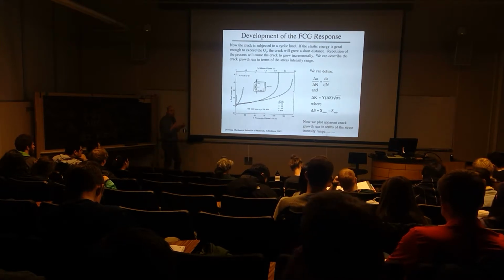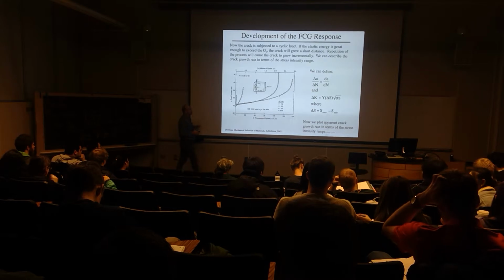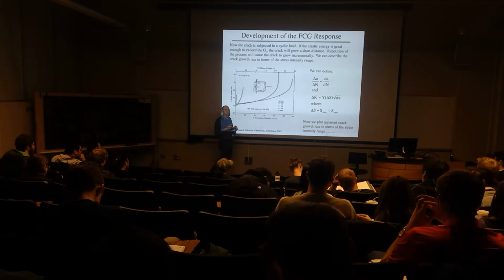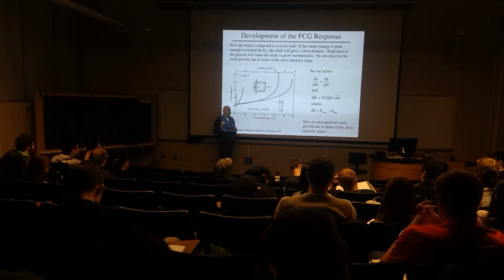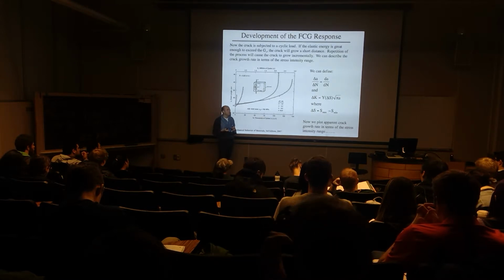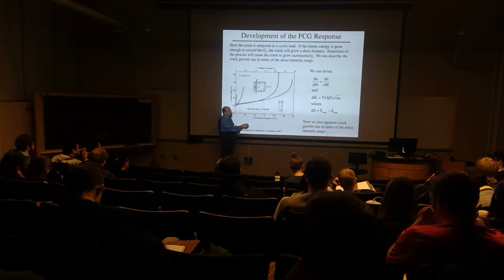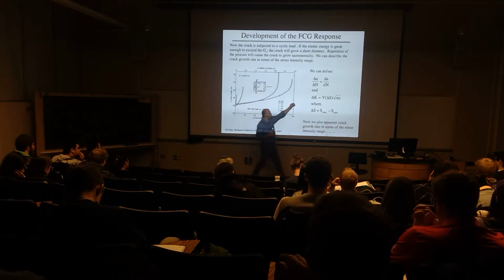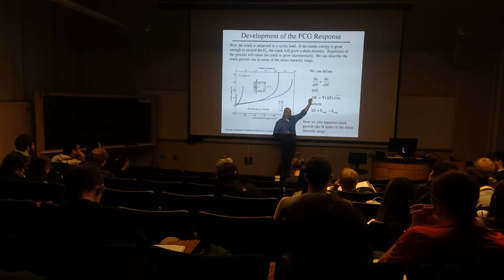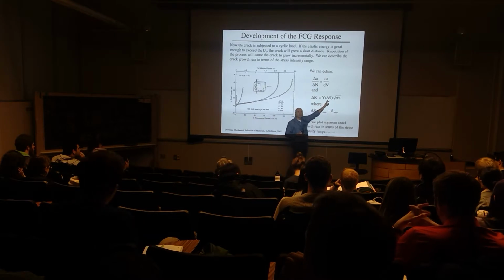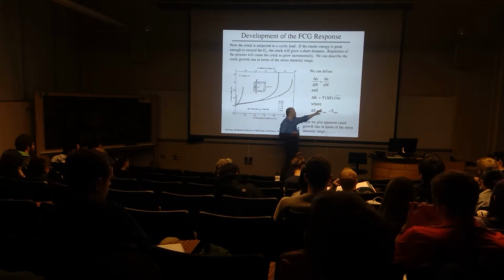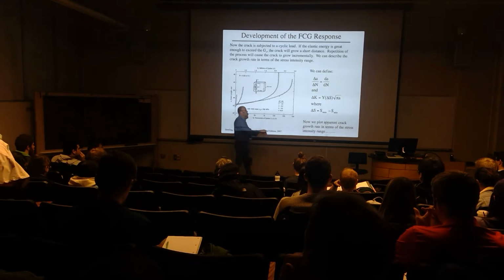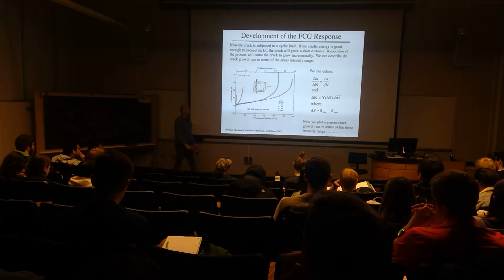And the driving force, the things that were involved in making that crack grow, is really something that we can define for a crack, which is the stress intensity. Because the load is undergoing a range from a minimum to a maximum, we can define the stress intensity as undergoing a range from the minimum to the maximum stress. Okay, so we're defining a stress intensity range by the maximum and minimum stress for that particular structure.